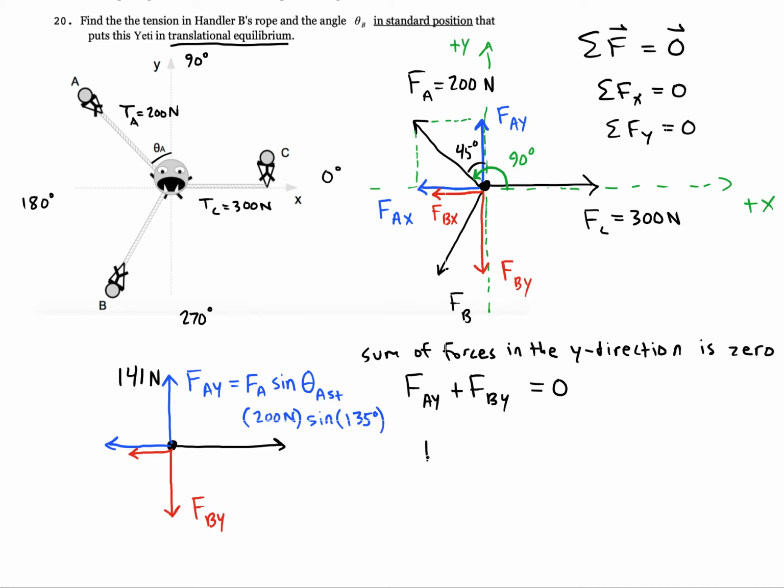So you plug it in: 141 newtons plus Fby equals 0. Then you solve to find that Fby is negative 141 newtons. So that helps us find one of the components that we need for that rope B.